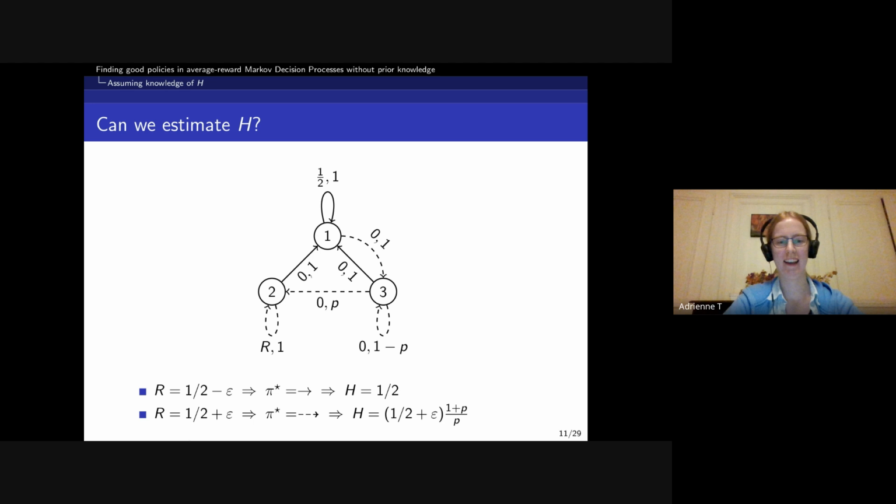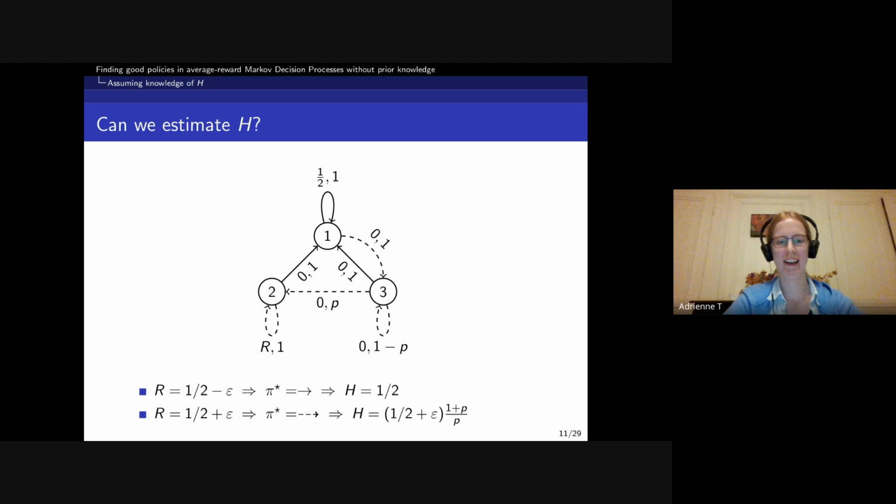Because if you are in state 3 and you take the dashed line action, there's only a small probability that it will lead you back to the high reward state. And so you will need a lot of samples to go from your 0 reward state to your high reward state, which means that the bias span is going to be very, very big, because you're way sadder to be in state 3 compared to state 2.